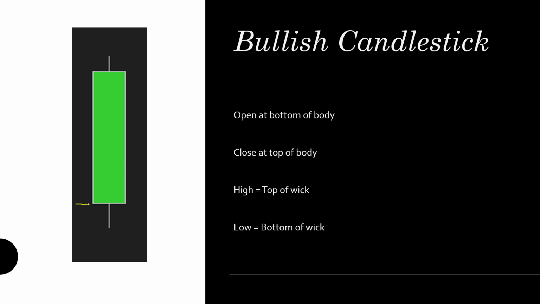In this one, the bottom is considered the open, the top is considered the close, and then you have the high as well as the low, okay? Now, as far as the high and the low, with any candlestick formation, that will be the same. What will change will be the open and the close, okay? And in this case, because the candlestick itself, the body is green, then you already know that this is a bullish candlestick.